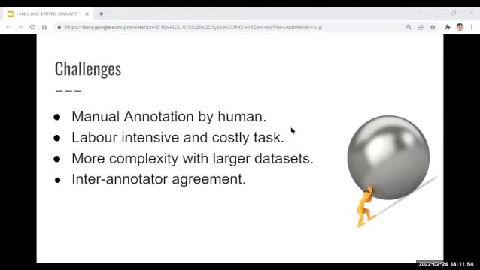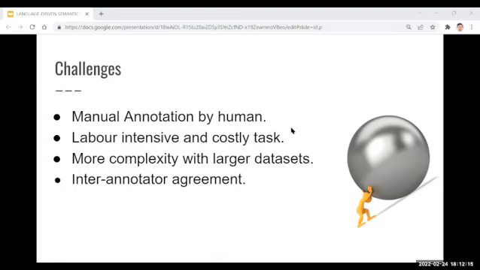If we have a larger data set, that also increases complexity. And then there can be cases when different descriptions are possible. For example, in the image from before, the background pathway can be described as pavement.